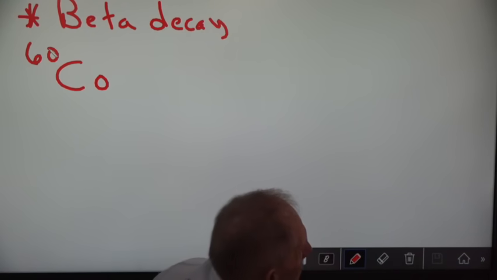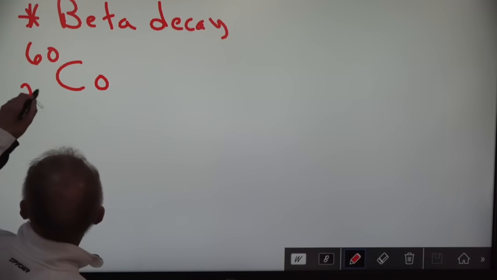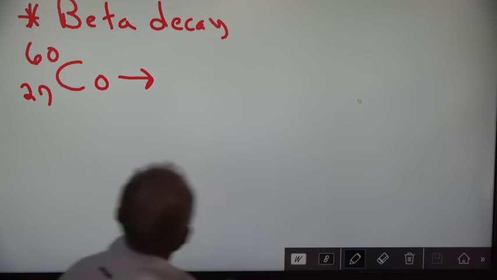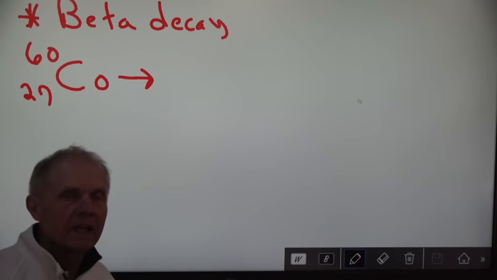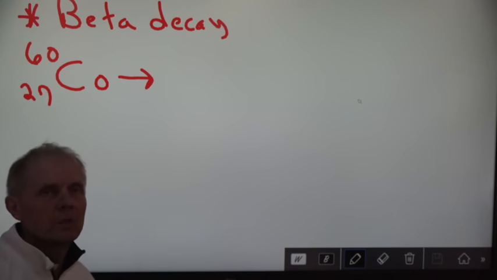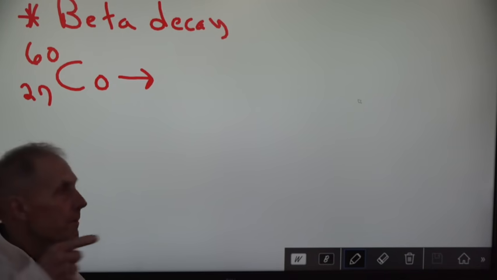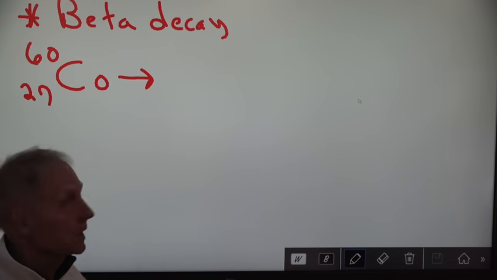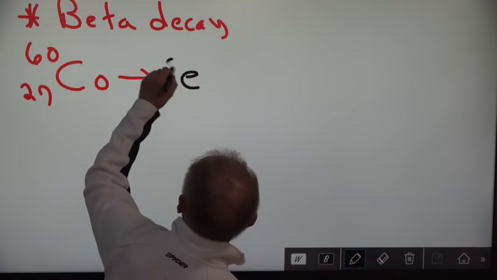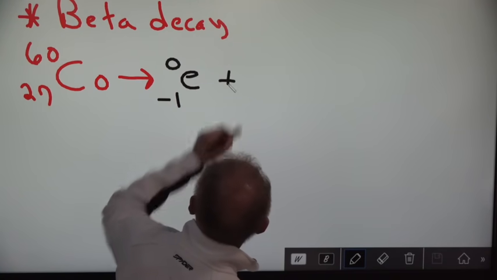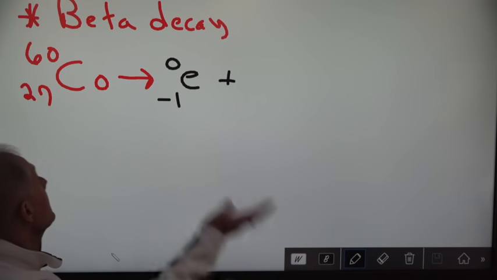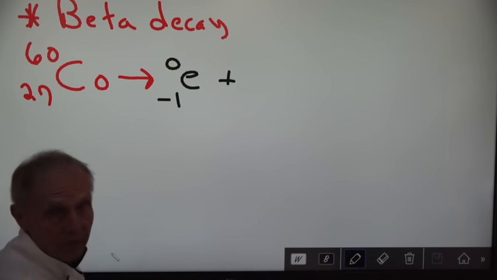So we're looking for cobalt, that's 27. Now watch what happens. Remember, alpha decay spit out a helium nucleus, and it went down 4, down 2. Beta decay spits out a beta particle. And remember, a beta particle is simply a high-speed electron. So the atomic mass on the left got equal to the atomic mass on the right. Atomic number on the left got equal to atomic number on the right.